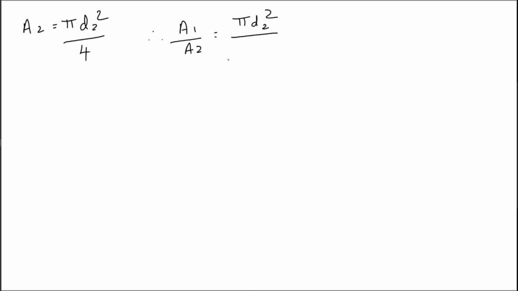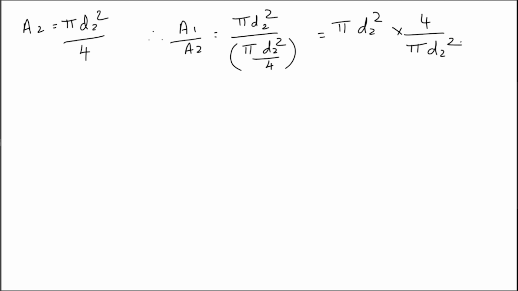Considering the second material, A2 is equal to pi into d2 square by 4. Therefore, A1 by A2 is equal to pi d2 square divided by pi d2 square by 4, that is equal to pi d2 square into 4 by pi d2 square.